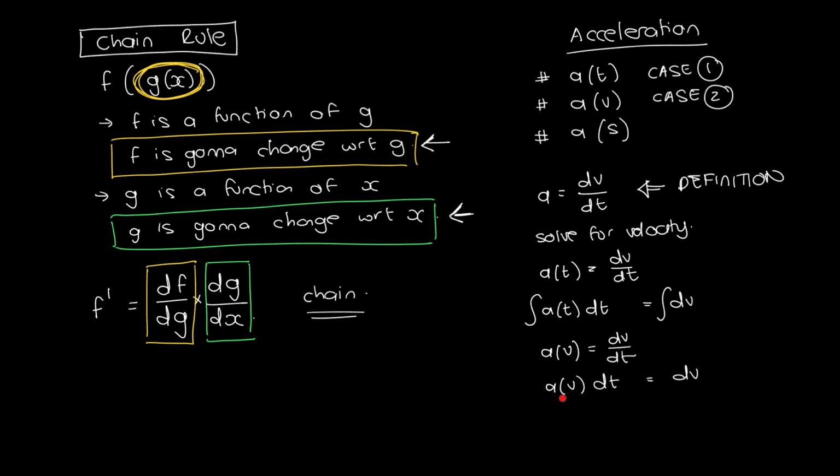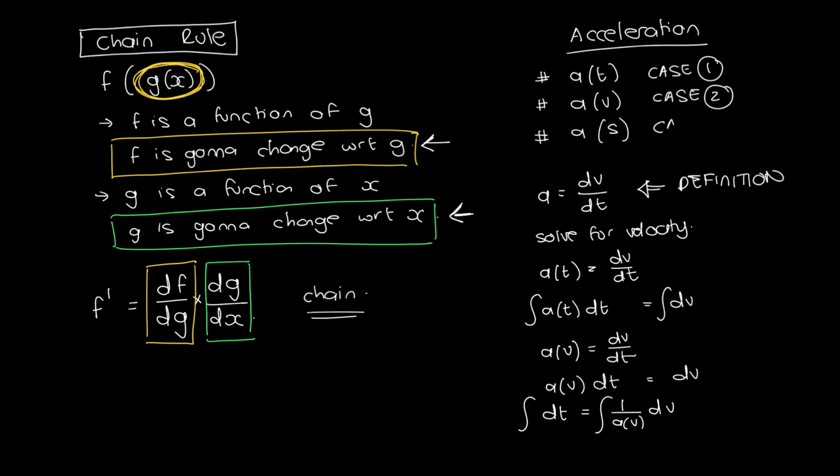Remember, you want to separate the variables. Because acceleration is dependent on v, it needs to go to the other side. So we're going to have dt equal to 1 over a(v) dv, and then we can integrate both sides. And again, you will put in all your information that is connected to your problem. So those two are kind of straightforward.